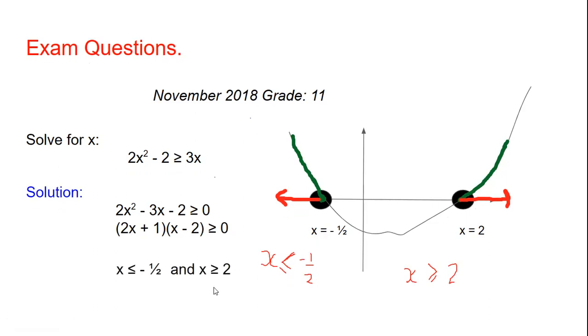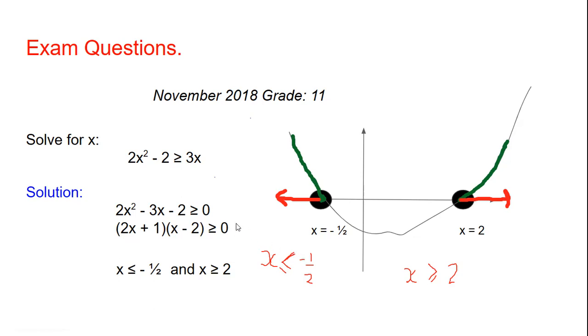And you can take any points. Let's say x is equal to 3. If you have x is equal to 3, you can plug it in, and we know that 2 times 3 is going to give us 6, and 6 plus 1 is 7. And here we have 3 minus 2, which is 1, and 7 times 1 is 7, which is greater than 0.